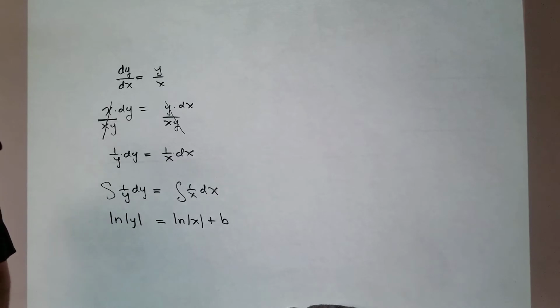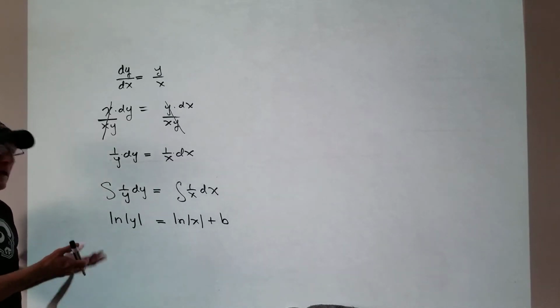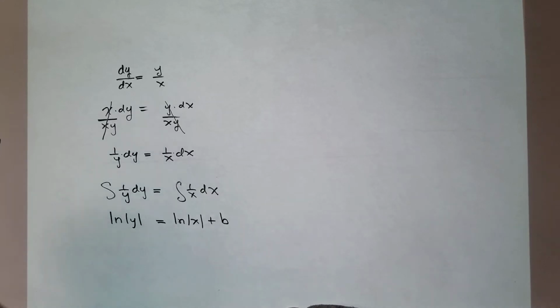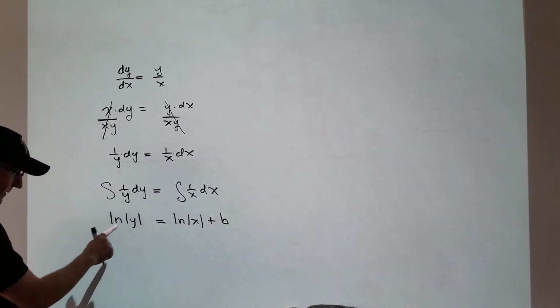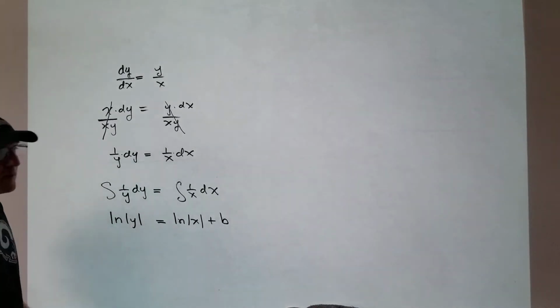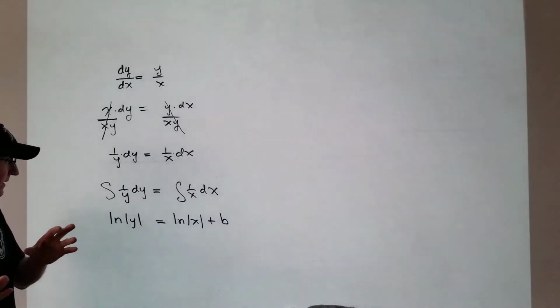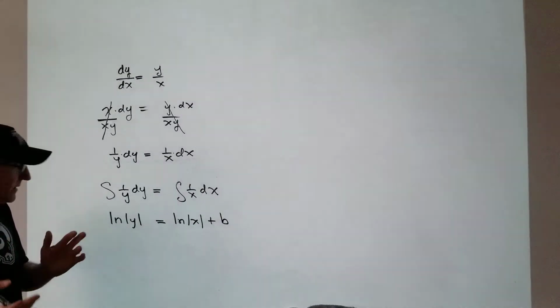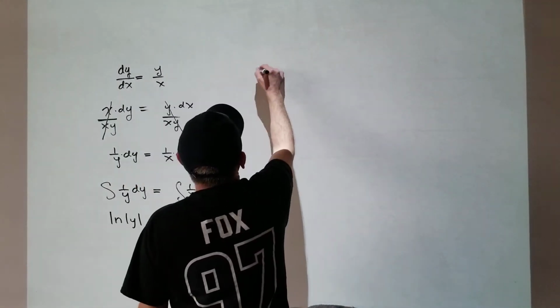Okay, I think the goal is to have this solved for y. We want y to be a calculation of x. Okay, dependent, independent. In any case, what you're going to do now to get this y out of this log is use both sides as if they were exponents sitting in a power above the base e. That would look like this.